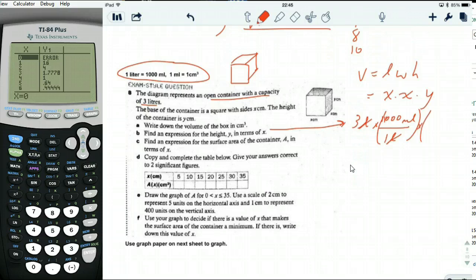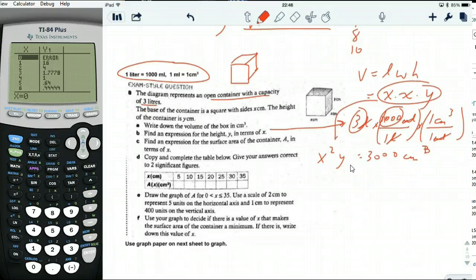Then we multiply by another expression equivalent to 1 milliliter equals 1 cubic centimeter. Cross out the milliliters, and so we get 3 times 1,000, which is 3,000 cubic centimeters. So 3 liters is equal to 3,000 cubic centimeters, and that would be equal to x squared times y. We're going to take that and put it right there.